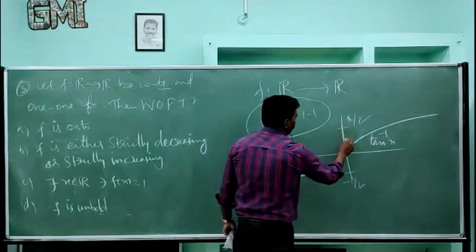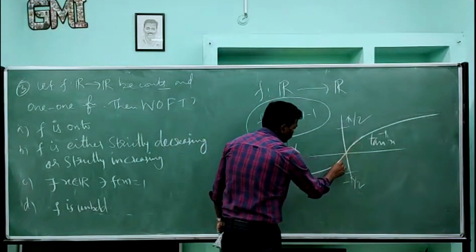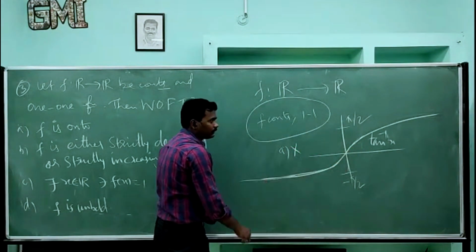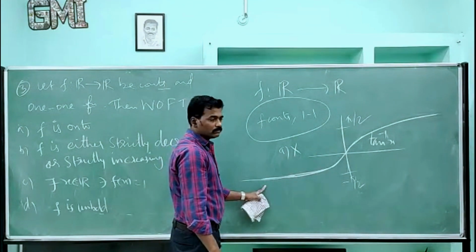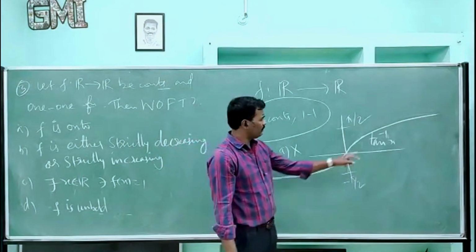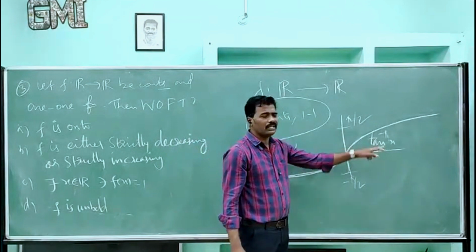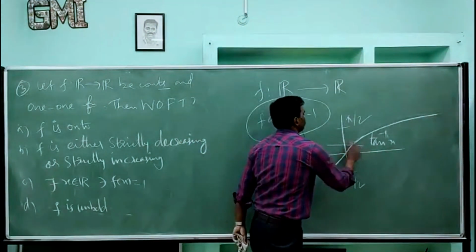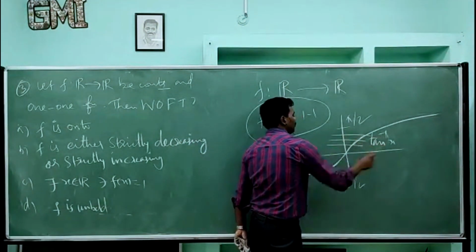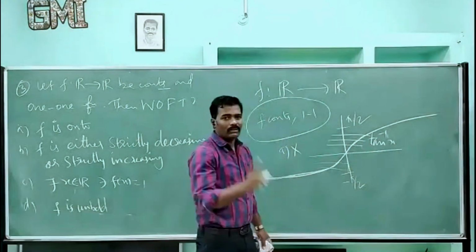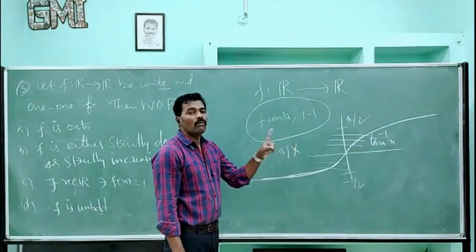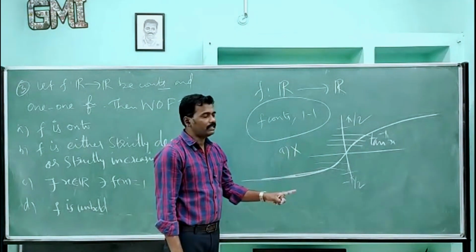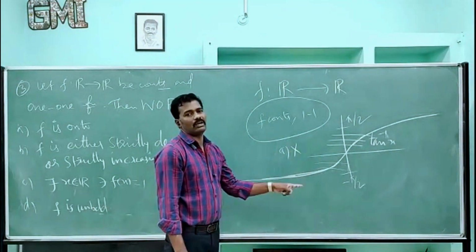This is a 1-1 and continuous function. It is continuous, there is no breaking, and as well this is 1-1. Clearly we know this is a 1-1 function, or you can check with the horizontal line test. Wherever you draw a horizontal line, it will intersect the graph only one time. This is clearly a 1-1 continuous function, but it is not onto.